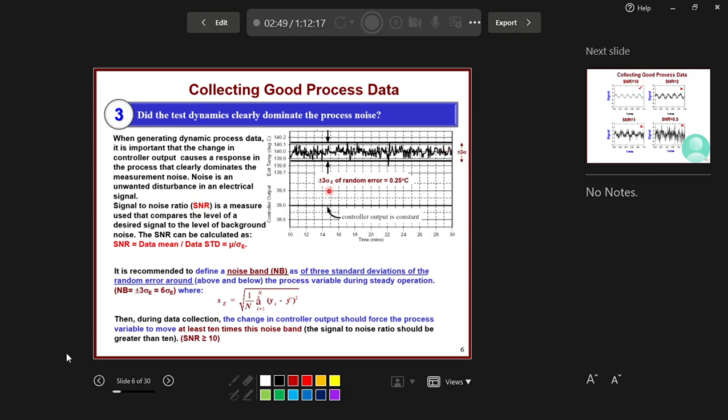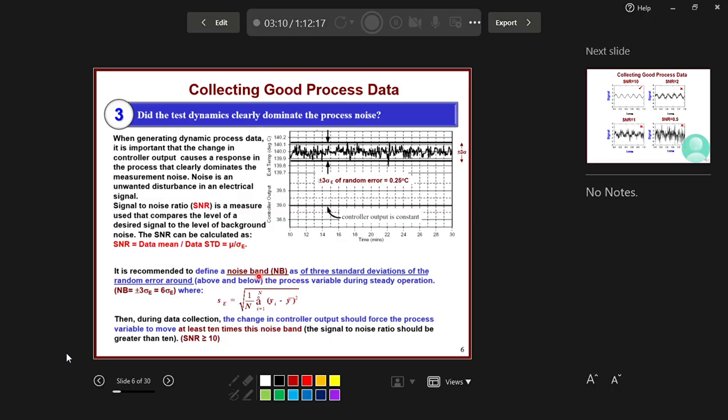And of course, when I say sigma, sigma is the standard deviation as we know it from statistics. You need to know the mean in order to calculate the standard deviation. So now you know two things: the SNR, signal to noise ratio, and the noise band.